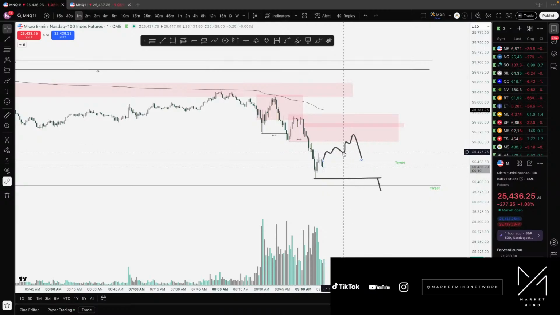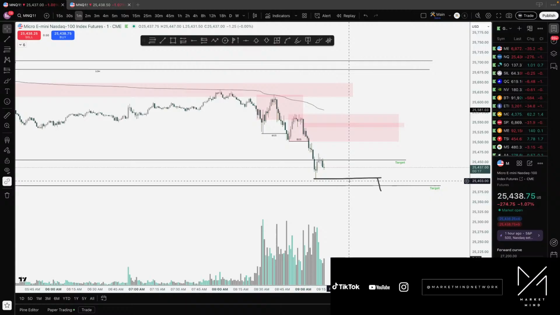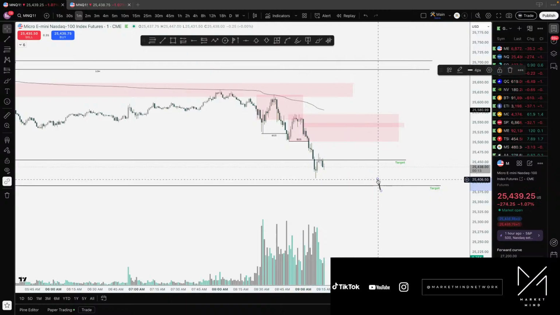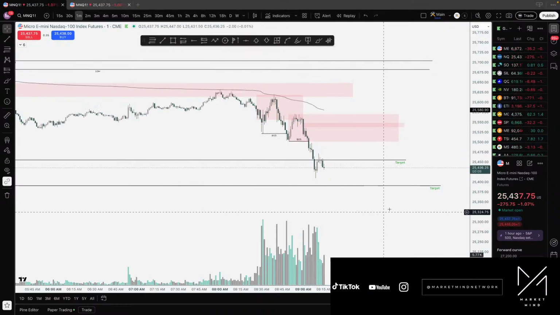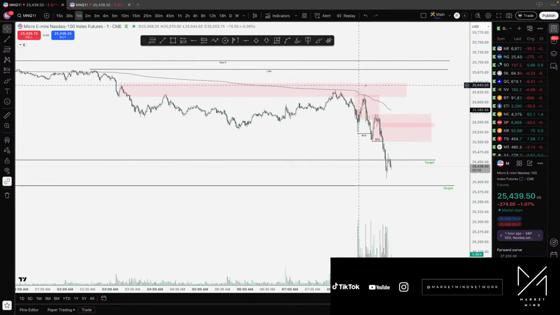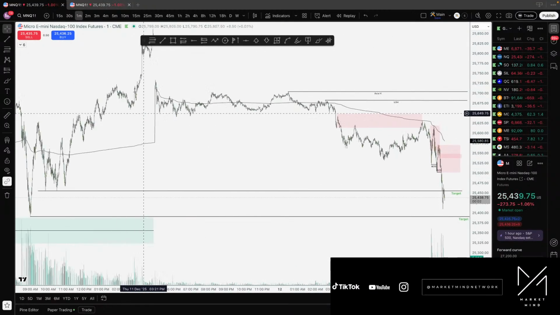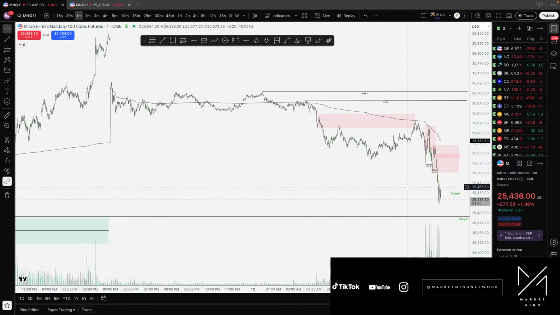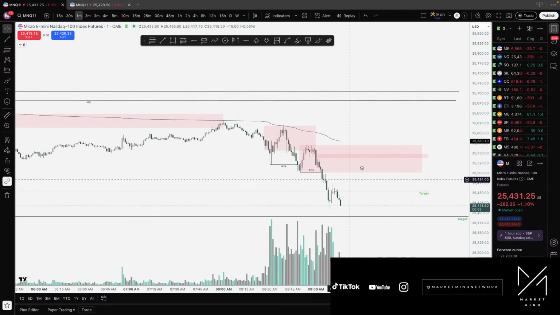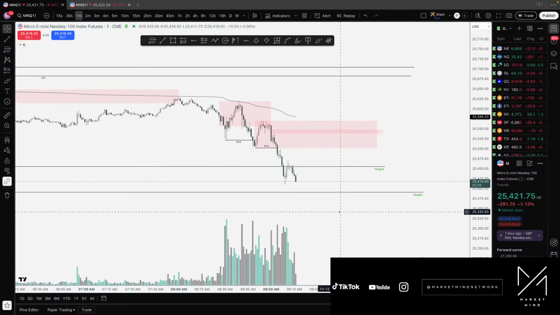Unless this keeps pushing down, but usually the market slows down around this time. You get the 9:30 candle and then you go up, and the whole shebang. Another thing to be worried about is this whole gap here. It might not get filled today. It might be tomorrow. But we're hitting our target pretty fast, faster than I thought.